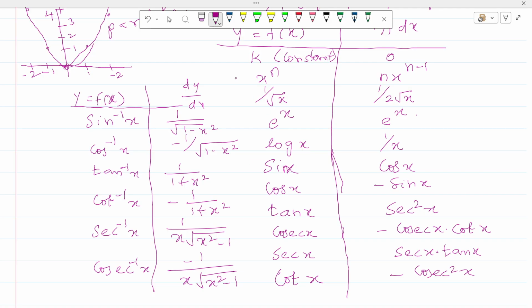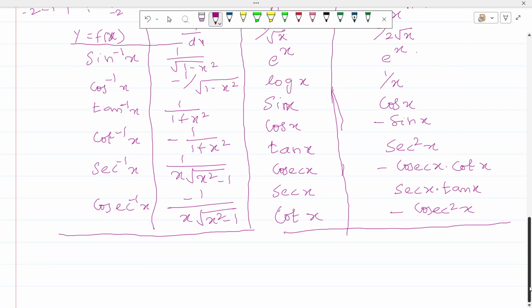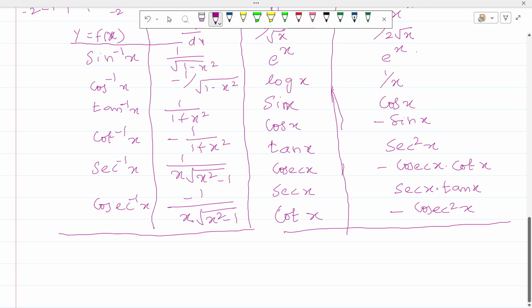So these few formulas are very important. Other formulas and values are extensions of this concept. So particularly if you know these basic formulas, you can easily grasp the other functions, rules and regulations.